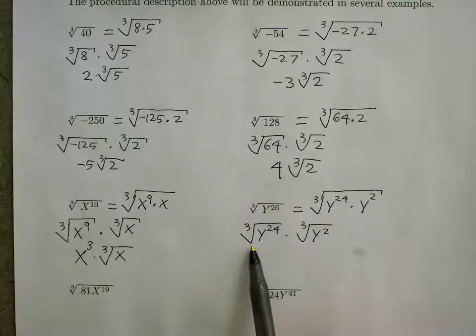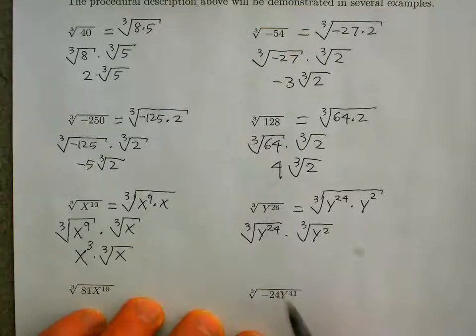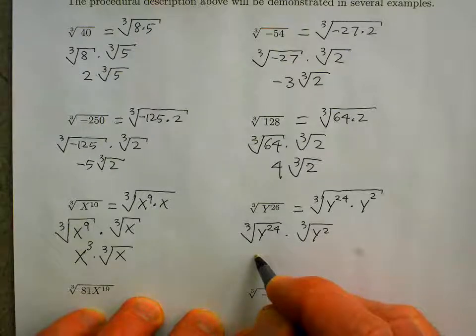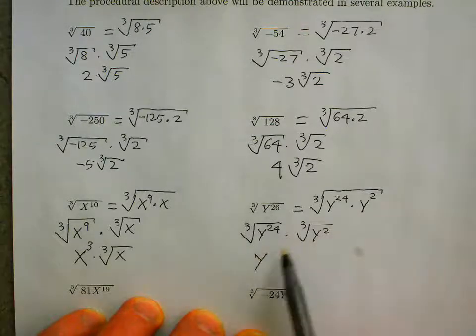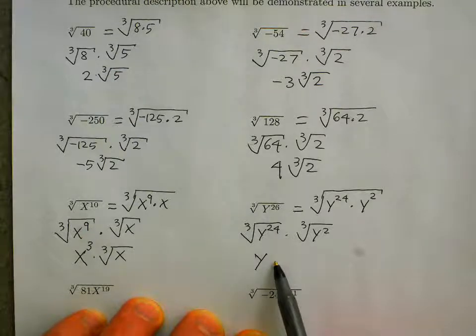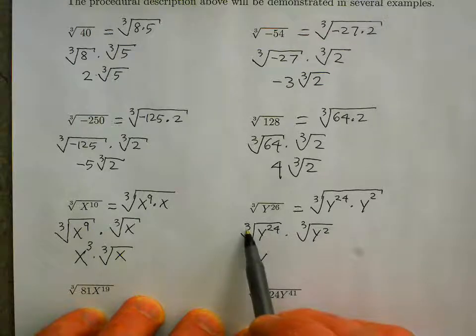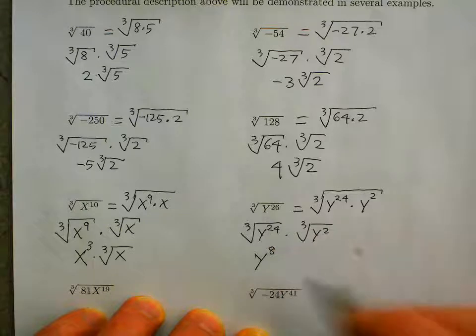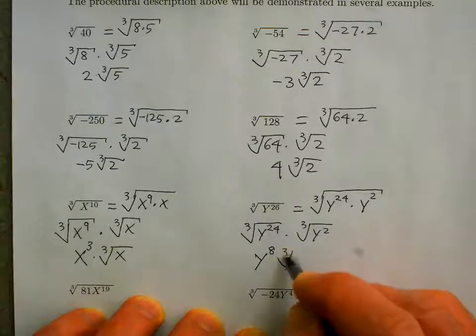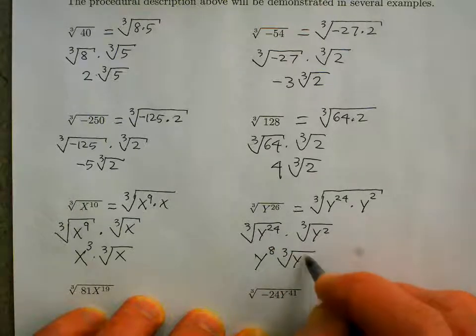We remove the radical, write down the variable y, and how do we determine the exponent? Yeah, 24 divided by the index 3. 24 divided by 3 is 8, so we get y to the 8th times the cube root of y to the 2nd.